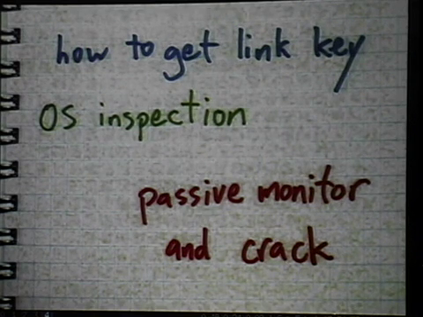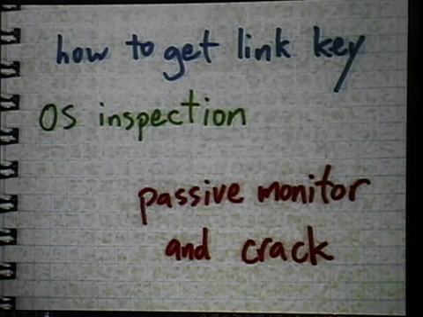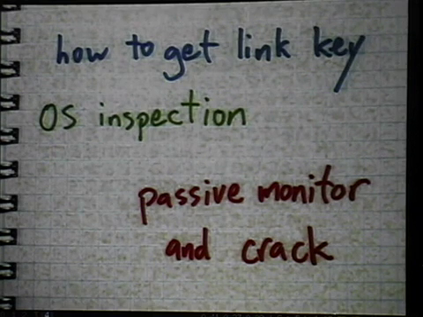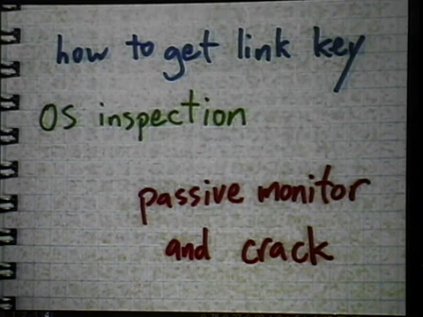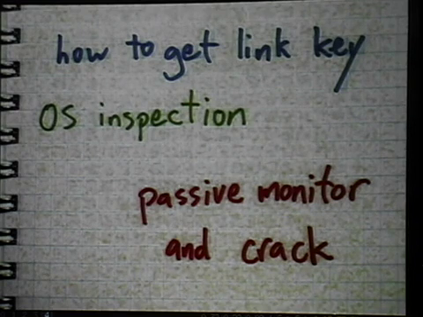Like the BlueZ stack stores them in /var/lib/bluetooth, and Mac OS stores them in whatever you call those profiles. If you do a defaults command, you can list out your link keys. And for my next demo, I'm going to actually be using a link key that I've extracted from a host computer using that technique to test something.